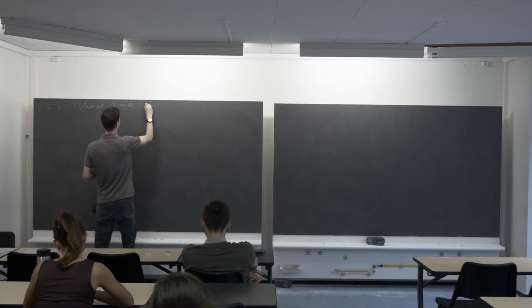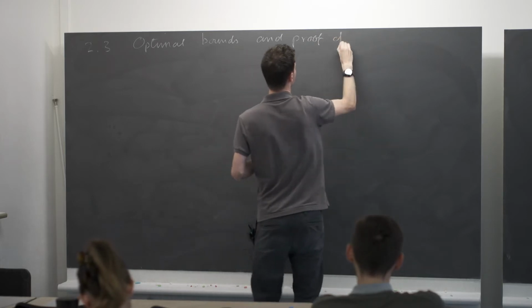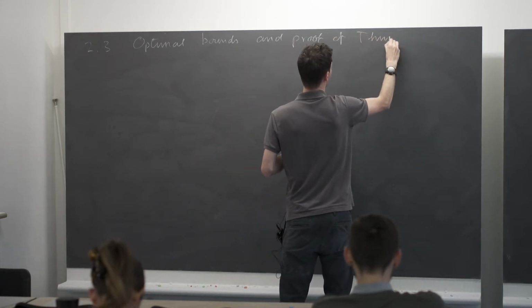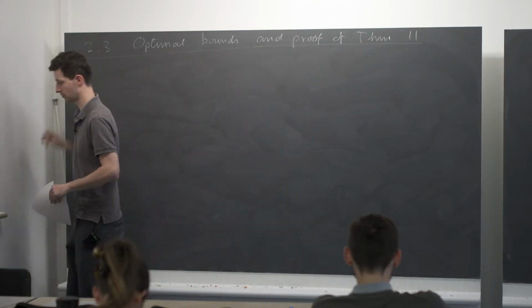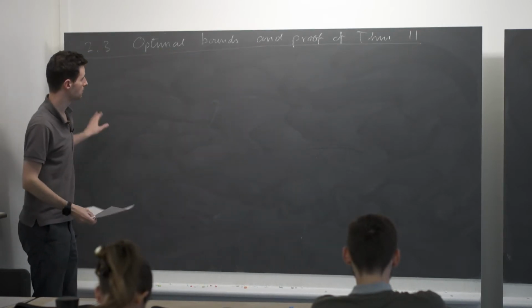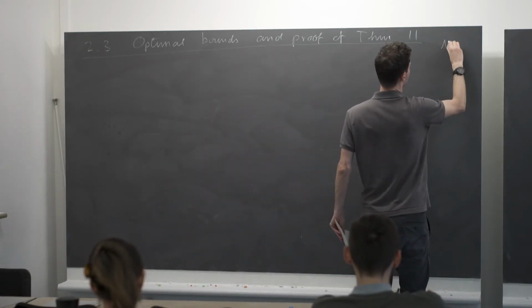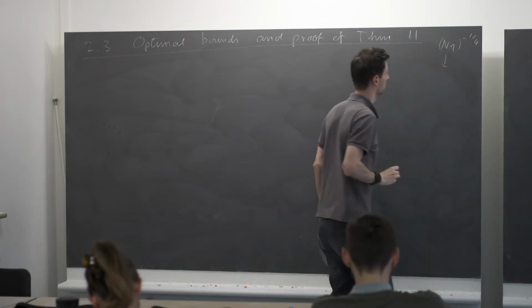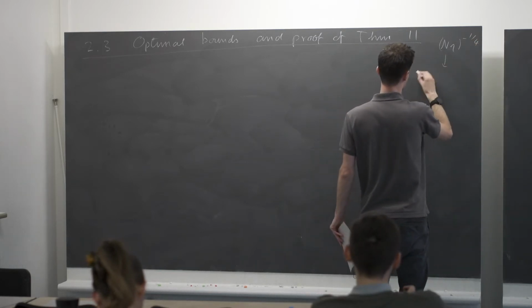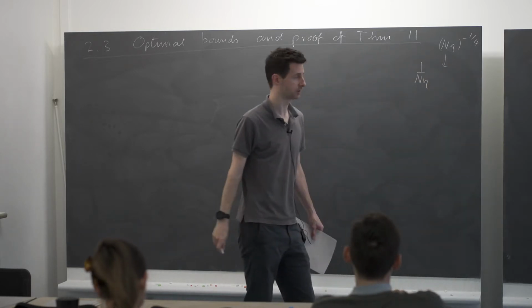So optimal bounds and the proof of theorem 11. If you recall, theorem 11 was the local law where the error bound was not this n eta to the minus 1/4, but it was 1 over n eta to minus 1, which is a much stronger bound.